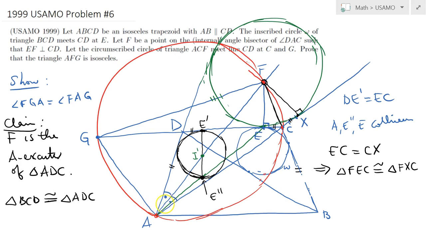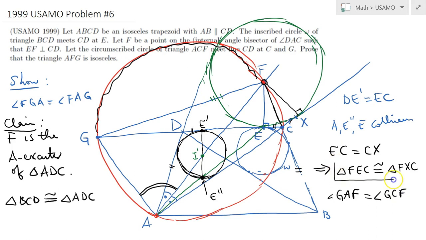If you start with GAF, I'm talking about this angle here, angle GAF is subtending the arc GF here, but this arc is also subtended by another angle, namely angle GCF.